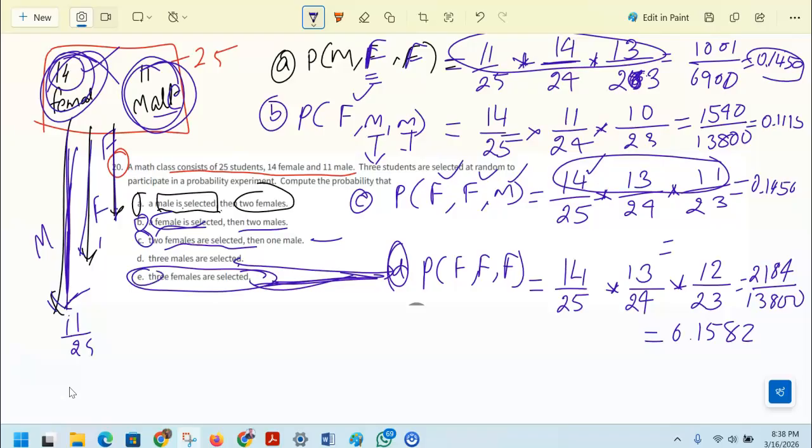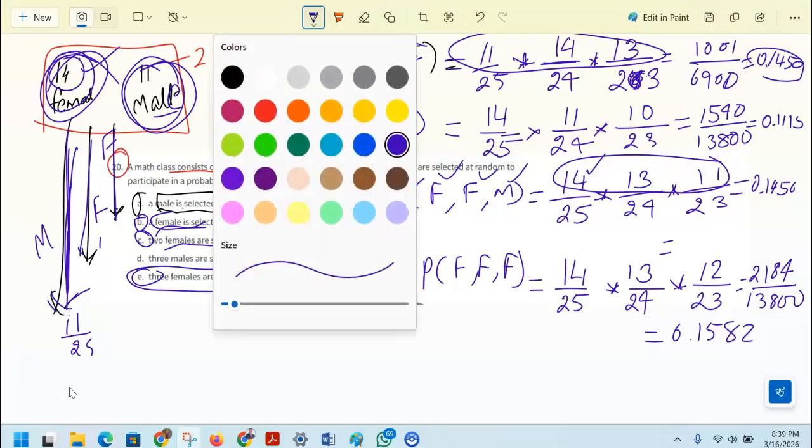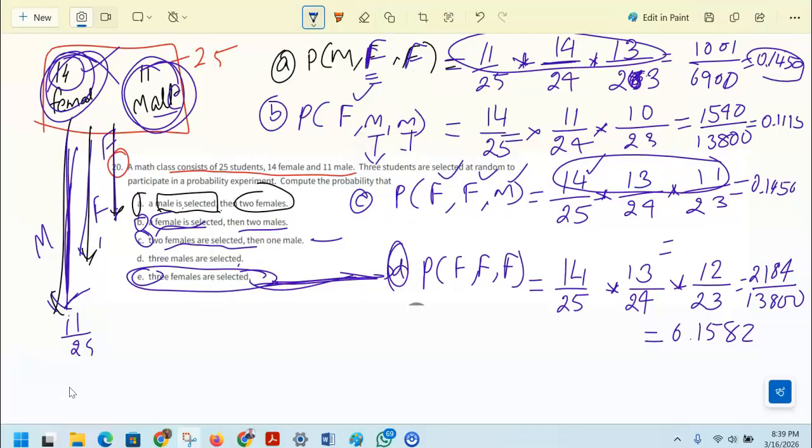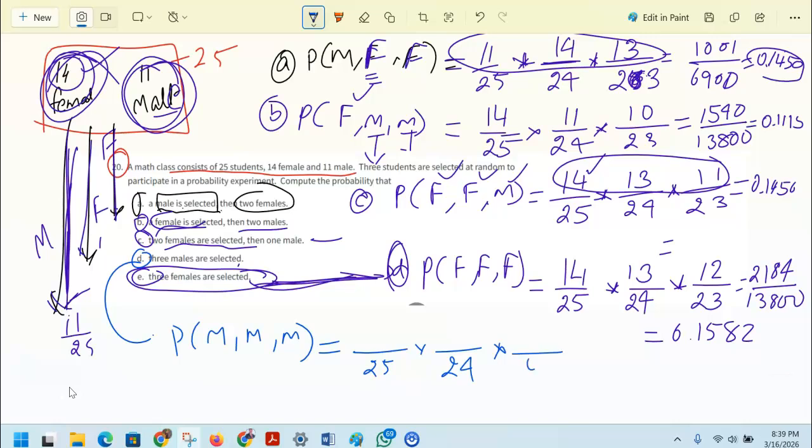Okay. Now for D, I'll have to do separate. So D is this one: three males. Probability of getting male, male, and male. That means probability of first one out of 25 times out of 24 out of 23. Male there are 11. So first time it is out of 11, then one is gone, so 10 remaining.